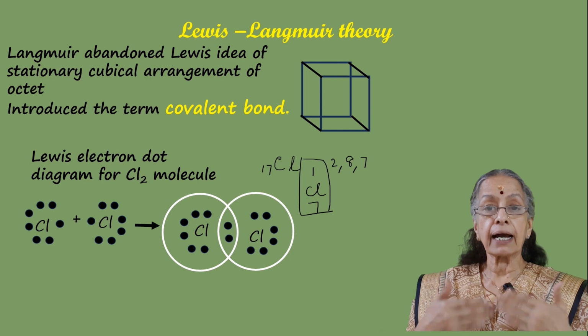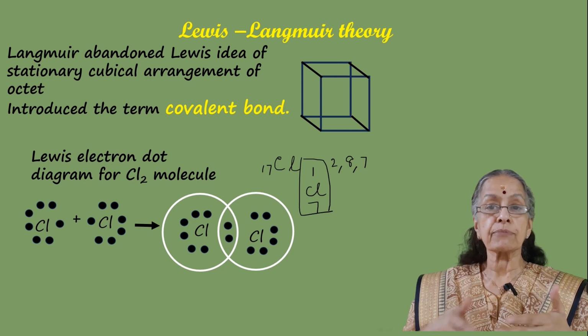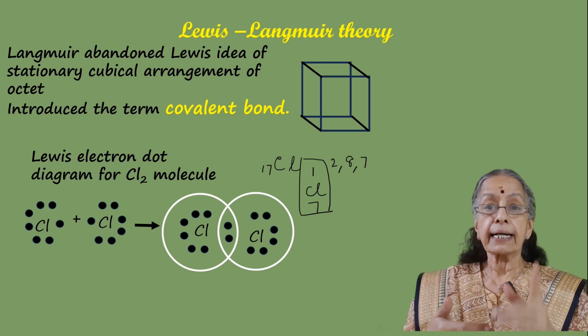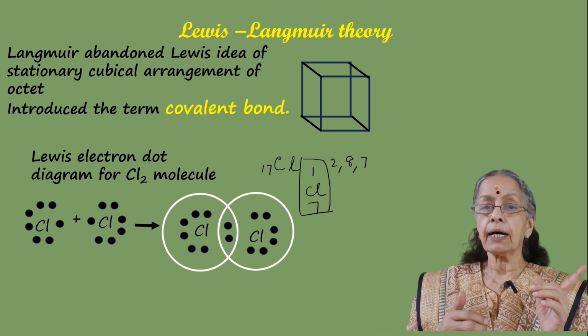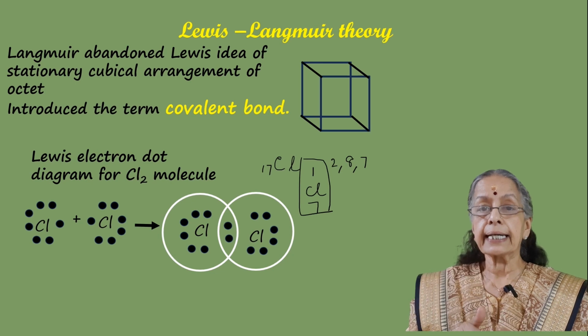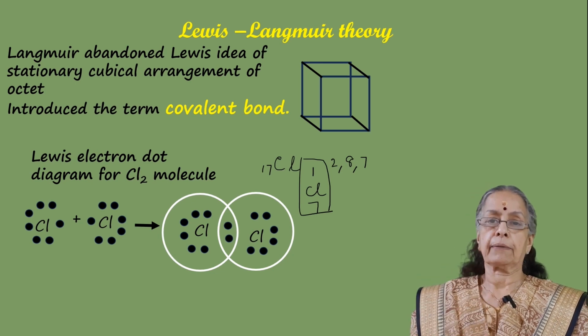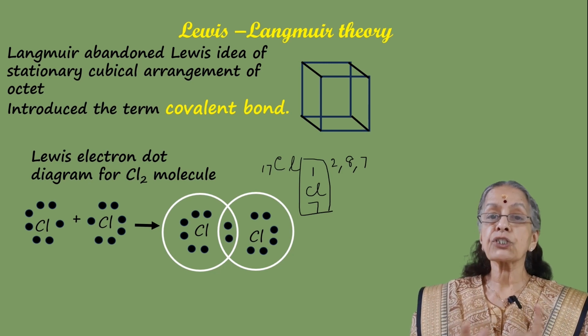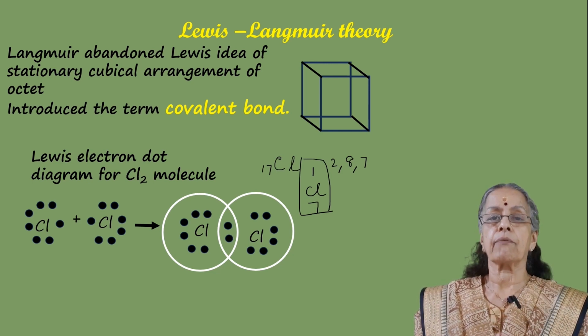You find that the valence shells of these 2 atoms are overlapping, with 1 electron each of the 2 atoms inside the overlapped portion. You find 2 electrons there. I will mark the valence shell electrons of atom number 1.